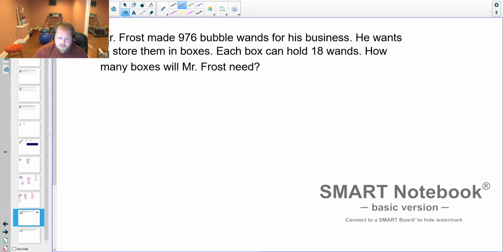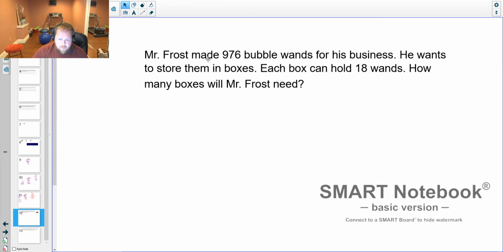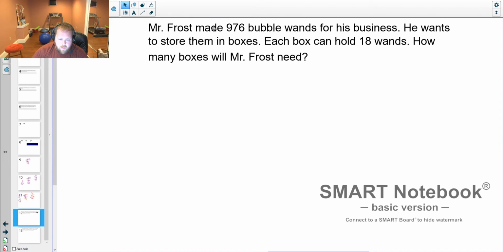He wants to store them in boxes. Each box can hold 18 wands. How many boxes will Mr. Frost need? All right, I'm going to take that because I realize that's a little bit covered up. And pause the video now, fill it out, answer it, and then come back and we'll do it together. And pause!